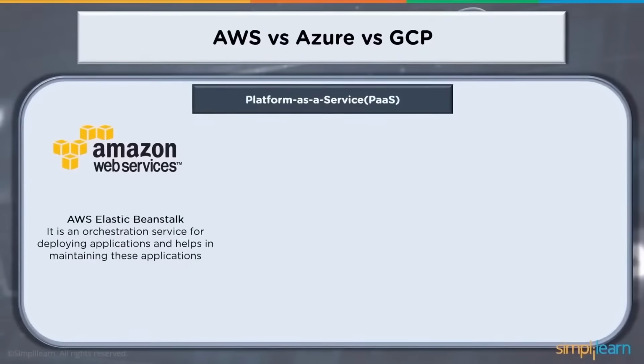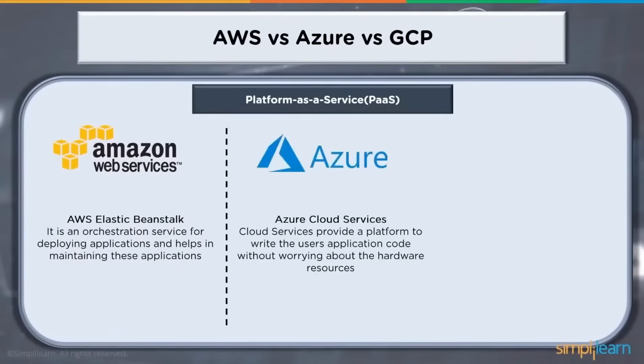When we talk about platform as a service, Amazon has a platform as a service offering, which we call Elastic Beanstalk. It's an orchestration service for deploying applications and helping in maintaining these applications. Azure Cloud Service provides a platform to write the user application code without worrying about the hardware resources.